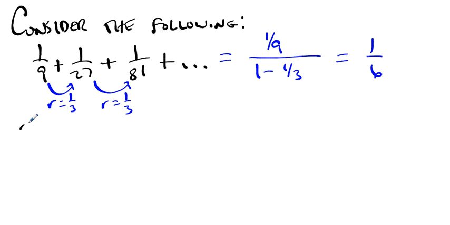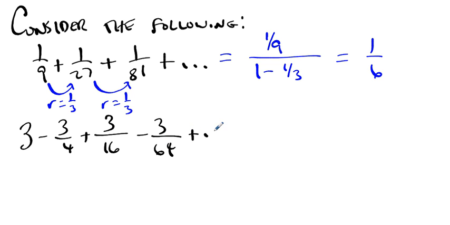Okay? Similarly, 3 minus 3/4 plus 3/16 minus 3/64 plus, and so on. You've got a common ratio of -1/4 every time. Multiply by -1/4, multiply by -1/4, and so on.